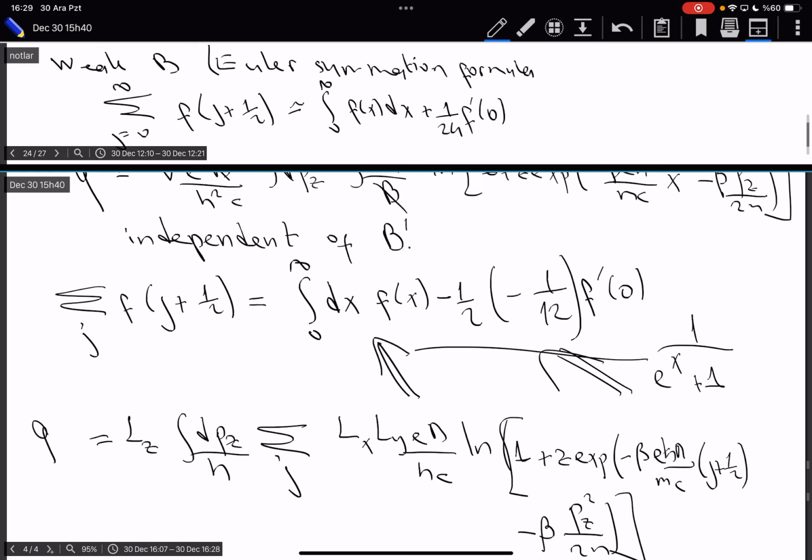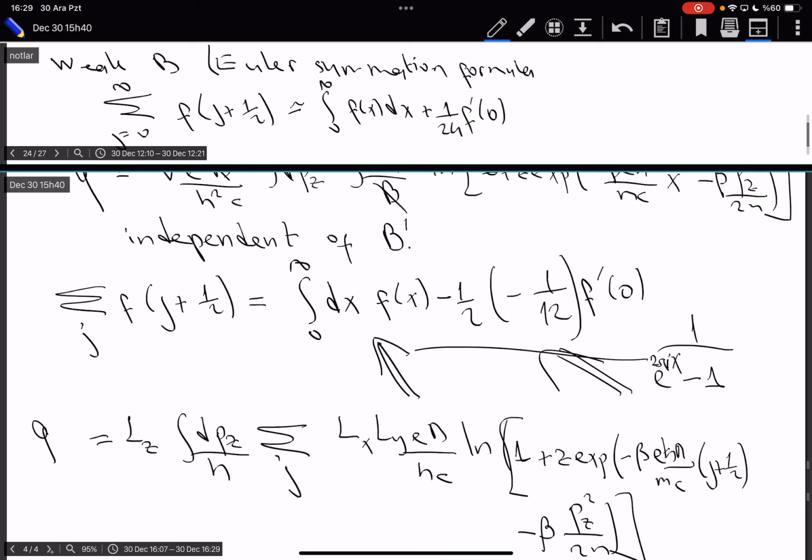Or let me write it slightly differently if I want to have integer values. This function has, or let me even put an i over there, poles at positive integer x.